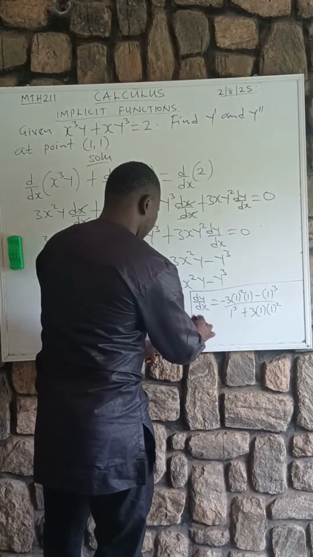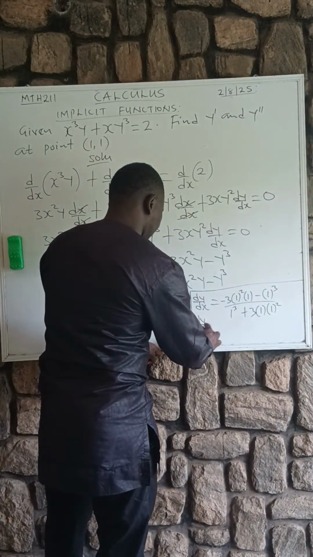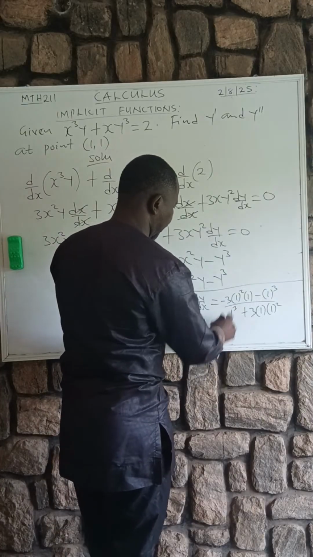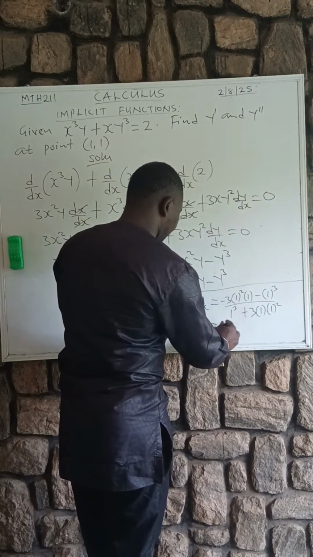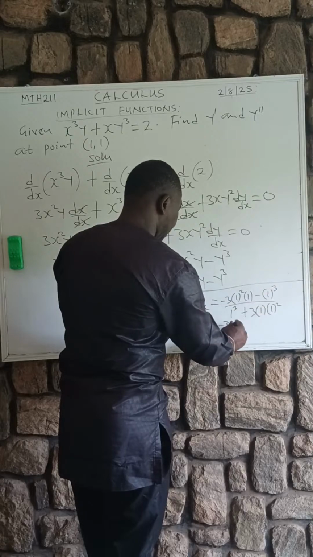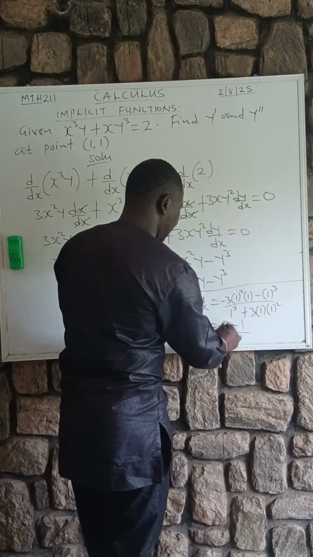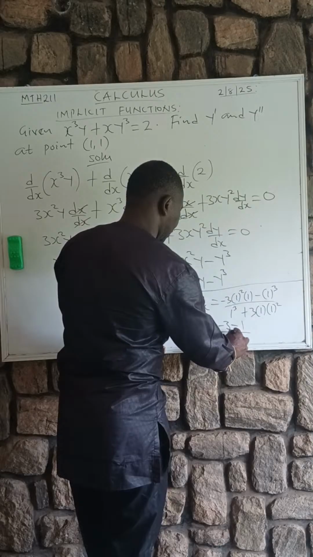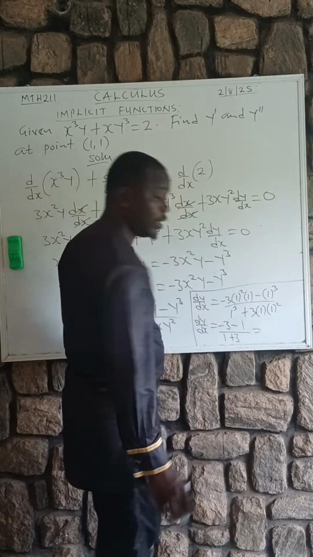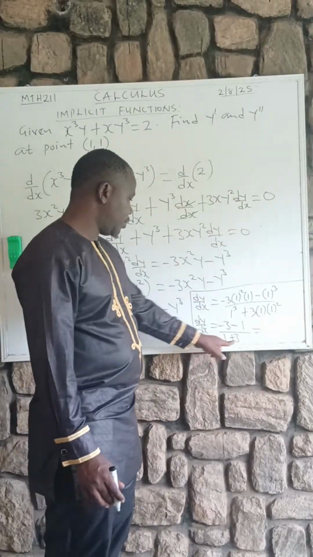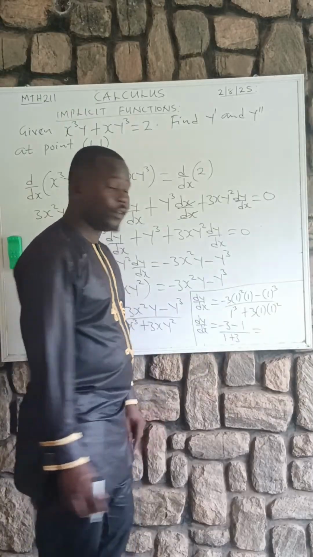So you can now see that our dy all over dx is going to give us minus 3 here, minus 1 here, all over 1 plus 3. So you don't need the prophet to tell you. Here is plus 4, here is minus 4.